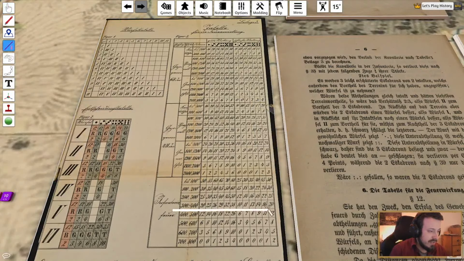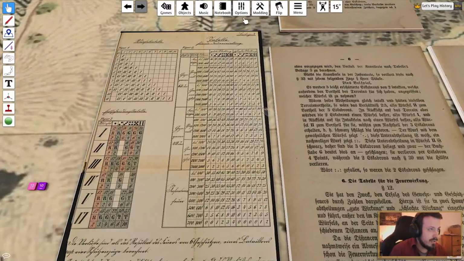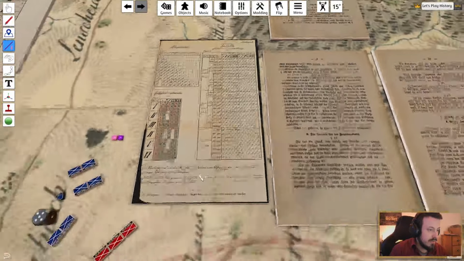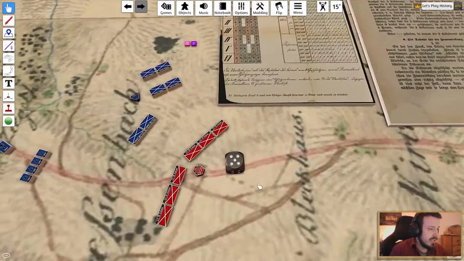So we need to look at this line, above this line, and then we rolled a 5. So we cross-reference the 5 with 3 to 400, and we get 16 points of loss, and we would note that down somewhere. And then, because all combat happens simultaneously, this battalion would shoot back.